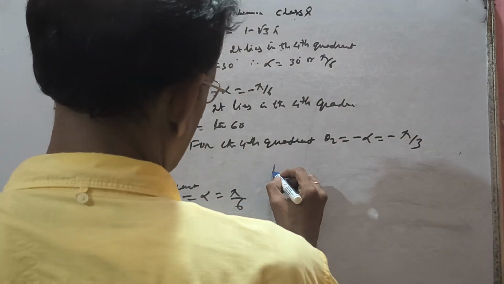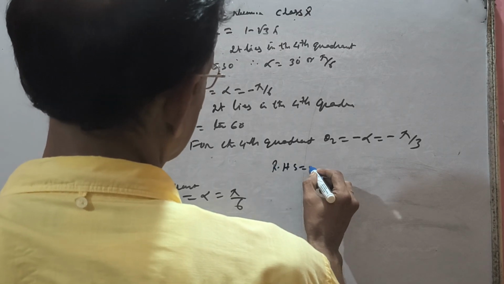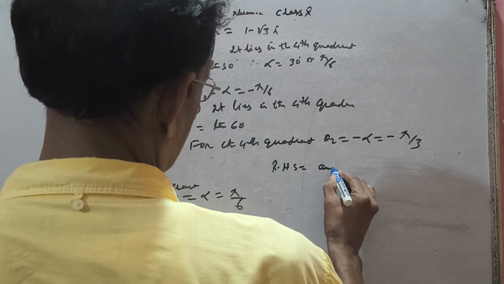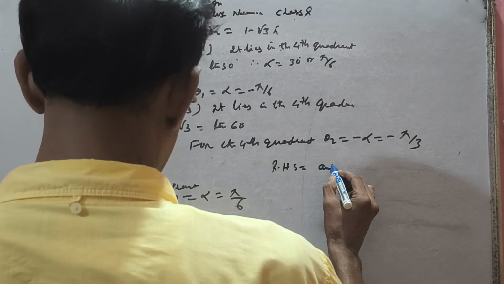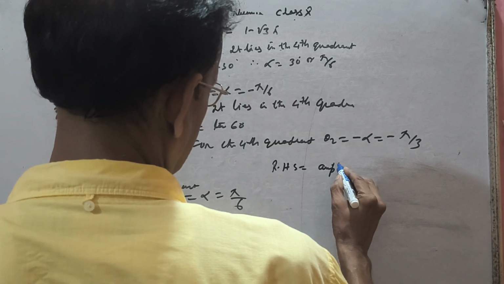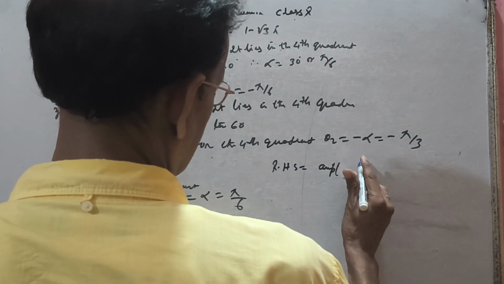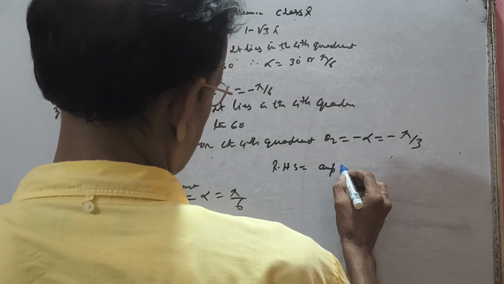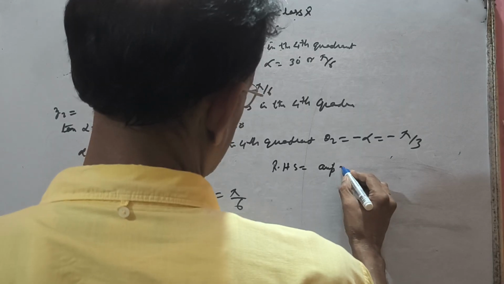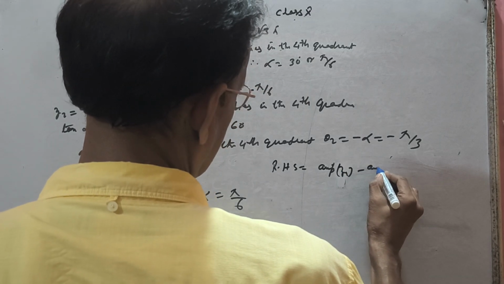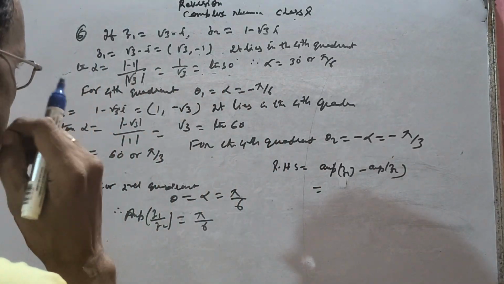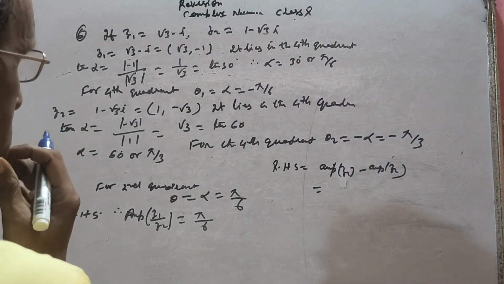Now find the RHS. RHS is what? Amplitude Z1 minus amplitude Z2, that is theta 1 minus theta 2. What is amplitude Z1 we have got? Theta 1, how much we have got?